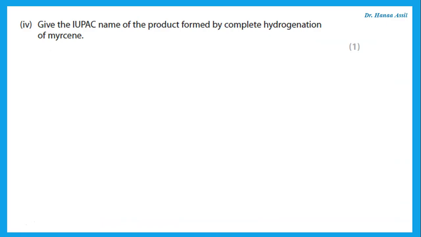Give the IUPAC name of the product formed by complete hydrogenation of myrcene. First of all, this was myrcene, and we said it needs 3 hydrogens, so all the double bonds are now single bonds. What is the name of that product? Again, to name the product, we choose the longest chain.